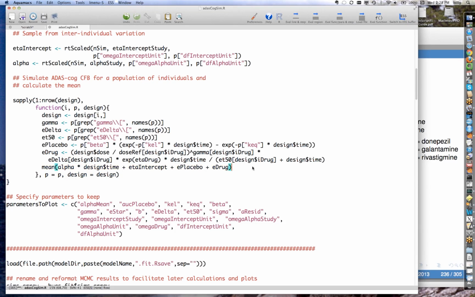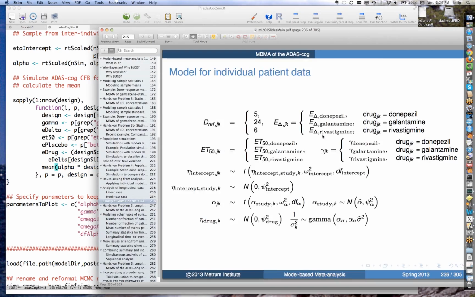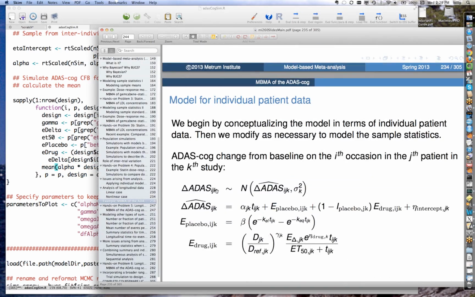Just a reminder, notice nowhere in here do you see sigma for the residual variation. Now you could put it in there, but it's unnecessary because, recall that if we go back to our original component here, our ADAS-COG change from baseline, our residual variation item is just a simple normal distribution.